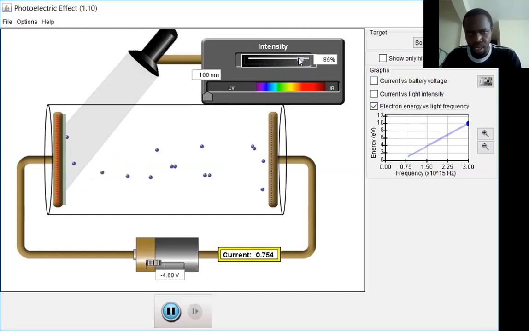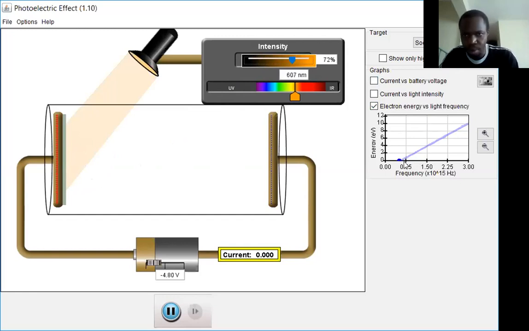I wanted to cut this axis, but anyway, you get the idea. Look at where it cuts the axis. That is sodium. Just bear in mind, it's approximately somewhere below 0.75, and everything here is 10 raised to 15 hertz.